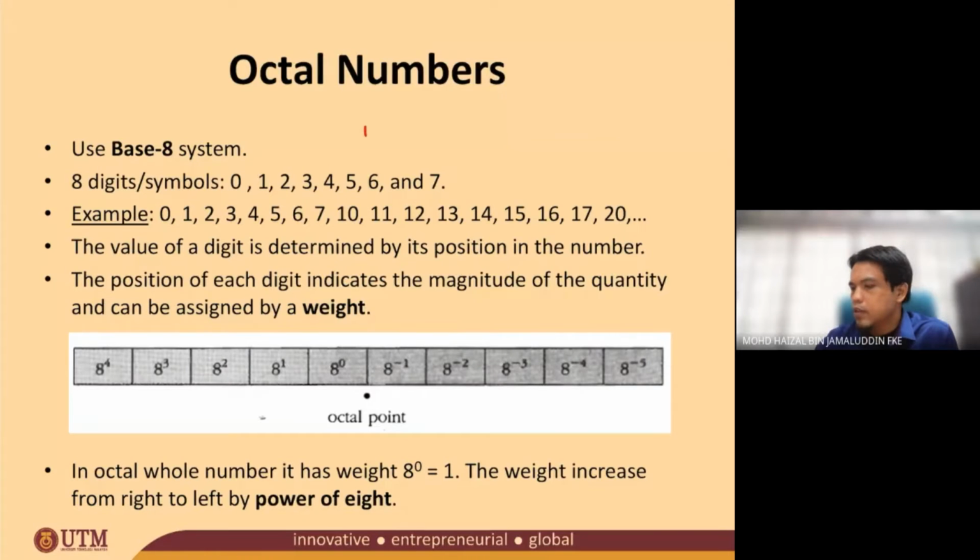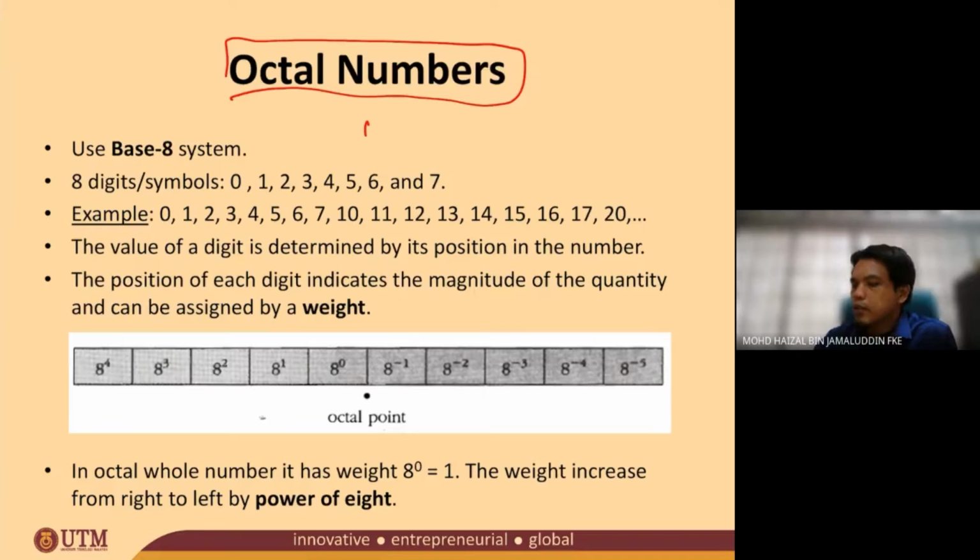Okay, so here you have learned about binary and decimal. Now we touch on octal numbers. Octal is base 8. So what is base 8? You only have 8 numbers, starting from 0 until 7. You can count 0, 1, 2, 3, 4, 5, 6, 7. So you have 8 numbers.